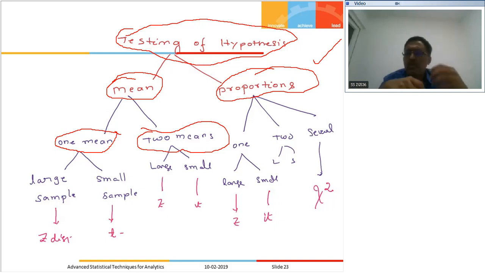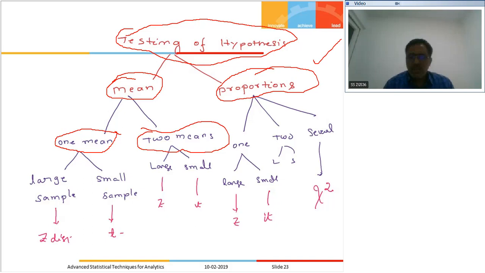Very simple: product A is superior to product B, or team A is better than team B, or class A is very good in comparison with class B. Here we have a hypothesis related to two populations where we use the mean. That's why it is called a two means problem.